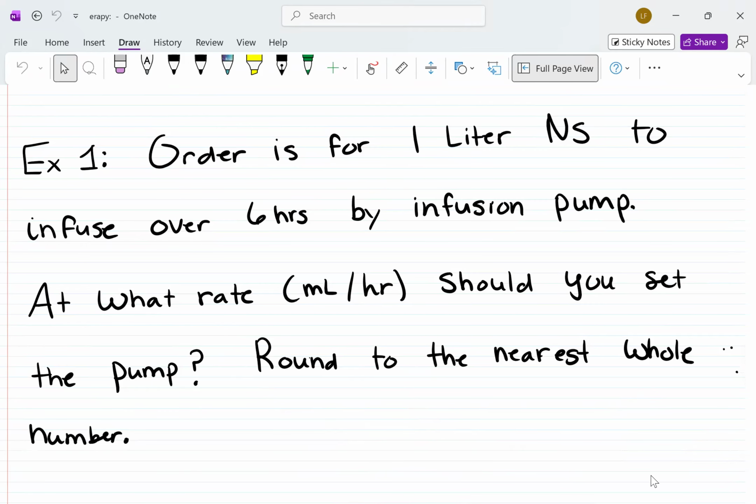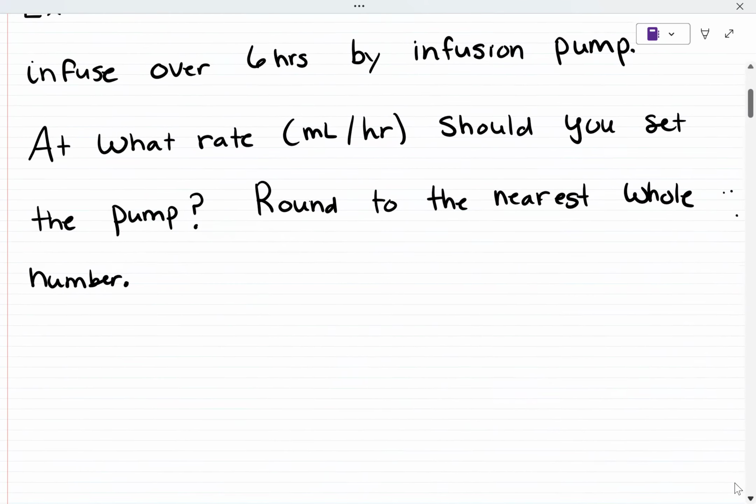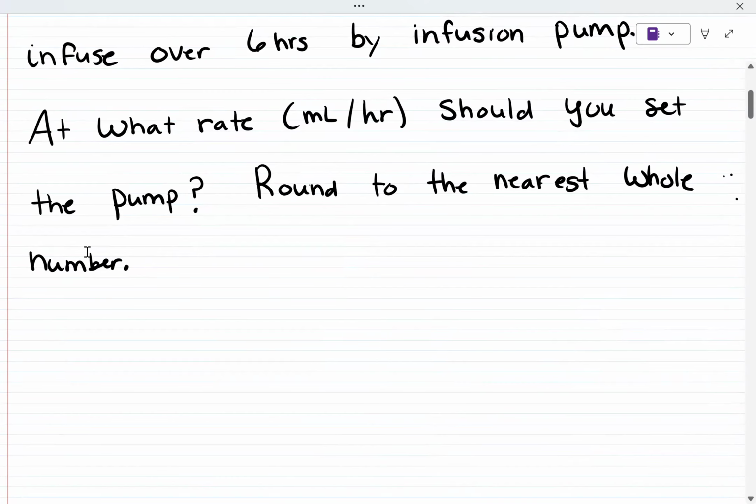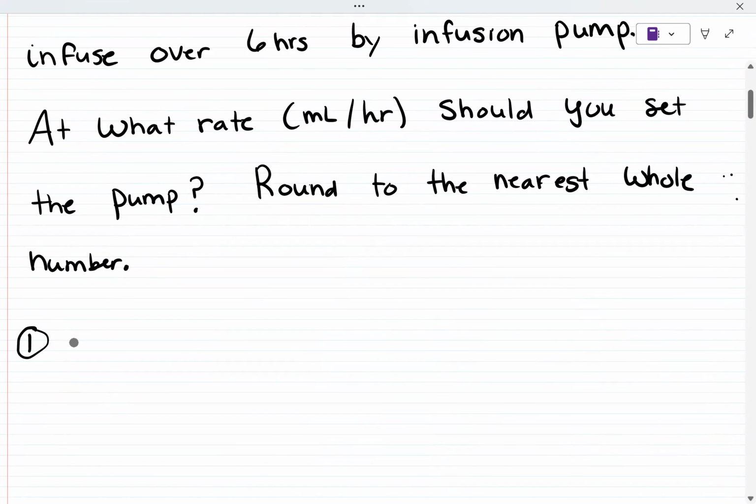Before I start doing dimensional analysis, I have to do a few things. First thing I'm going to do is convert liters to milliliters. The reason is we want our final units to be milliliters.